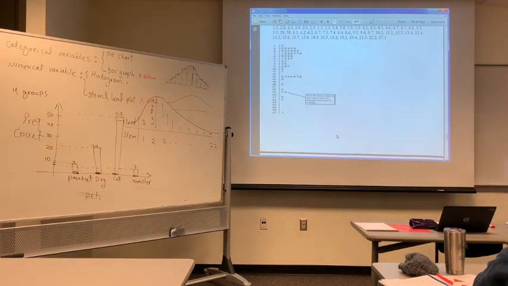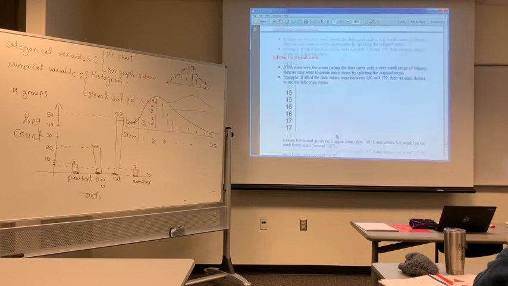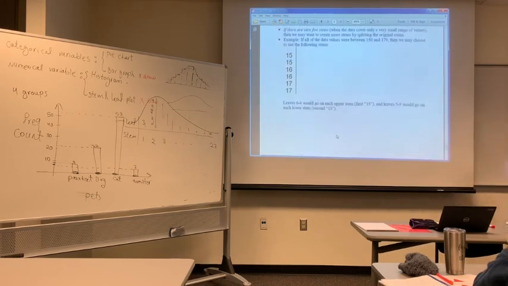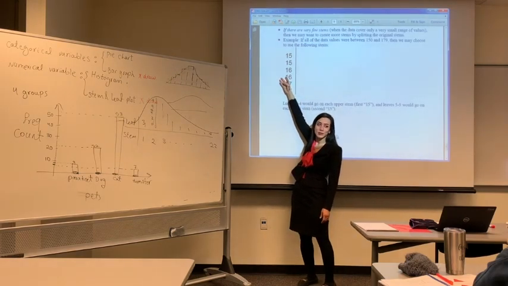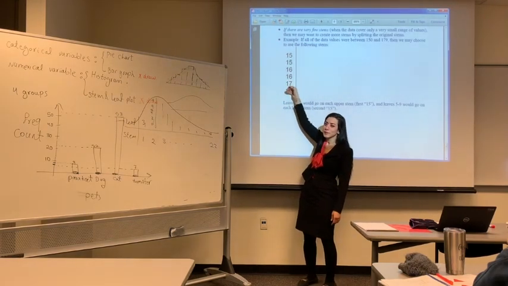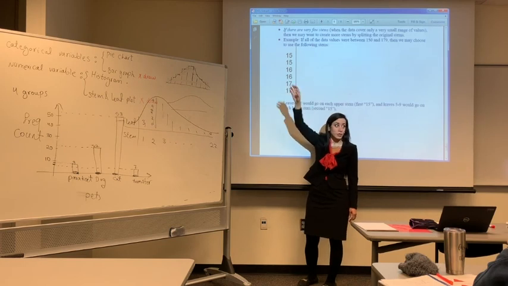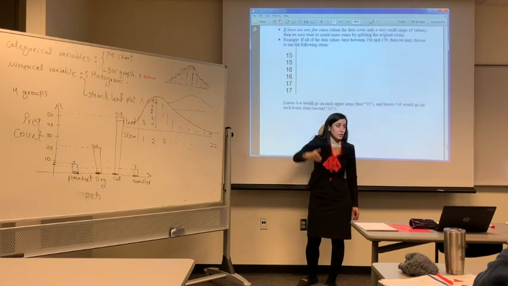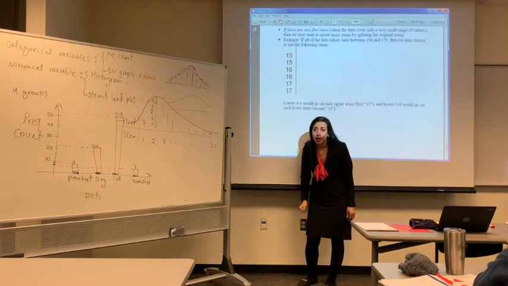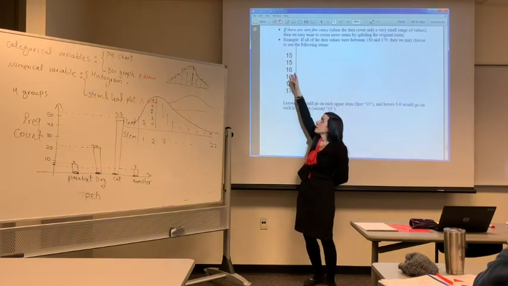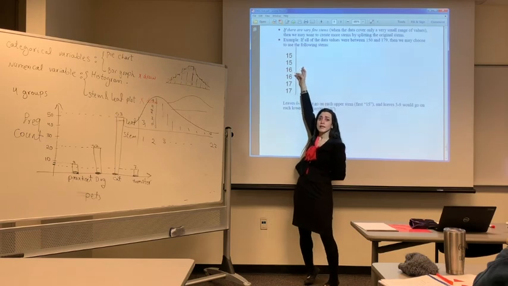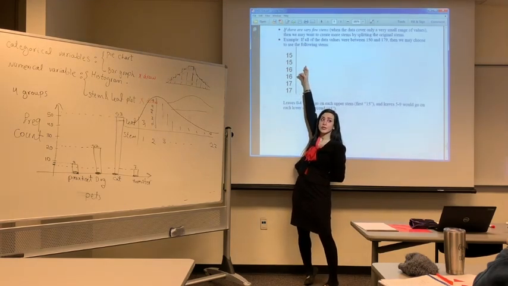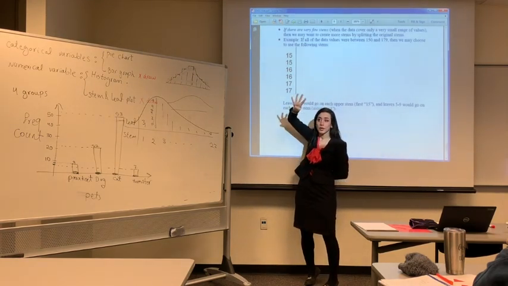Splitting a stem says, if you have a stem 15, repeat that 2 times. If you have a stem 16, repeat that 2 times. A stem 17, repeat that 2 times. In previous example, we had different stems. Repeat each of them 2 times. Okay? In front of the first 15, you will write down all the leaves from 0 to 4.